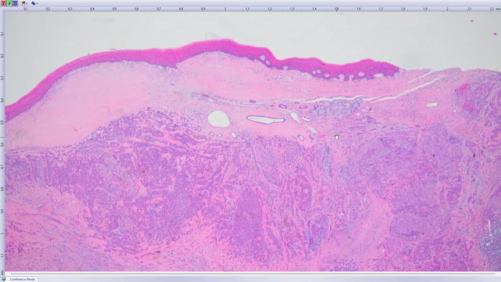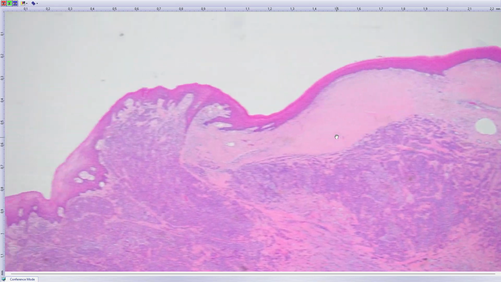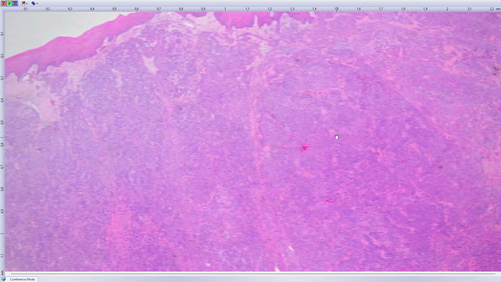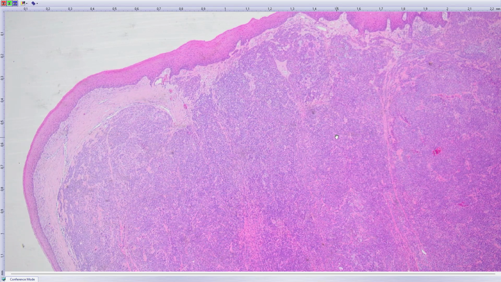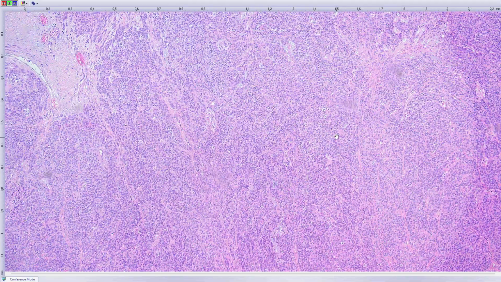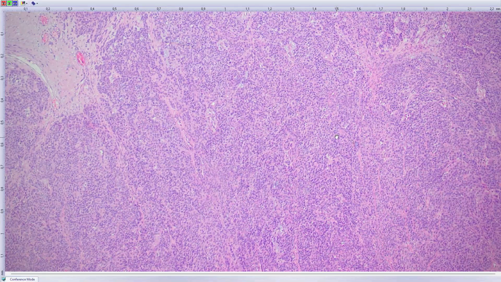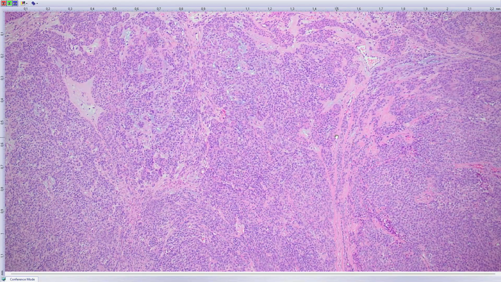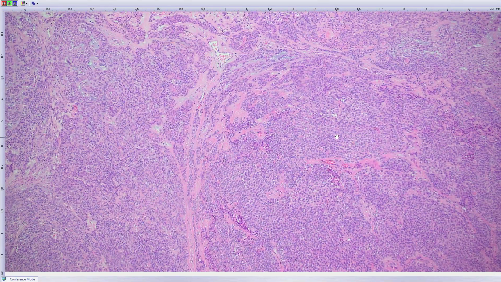The tumor in this scanning magnification is pretty cellular, quite organoid, and if we use higher magnification, we can start to appreciate the cytology of the cells and maybe even the structure.